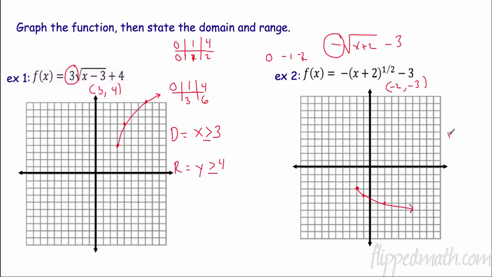Over here, my domain, I want all the x's greater than or equal to -2. And my range, this time it's going to go down. So I want all my y's that are less than or equal to 1, 2, 3, -3. All right? So domain and range is very important.